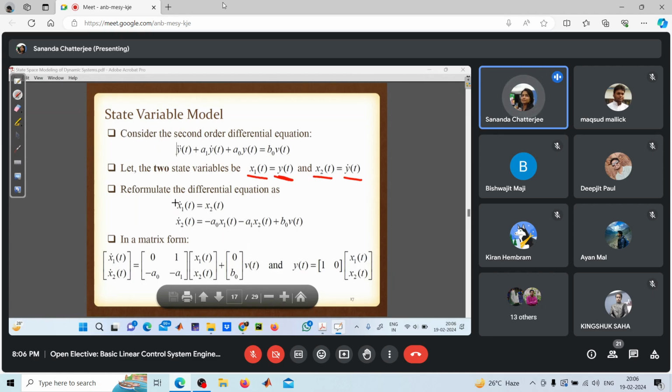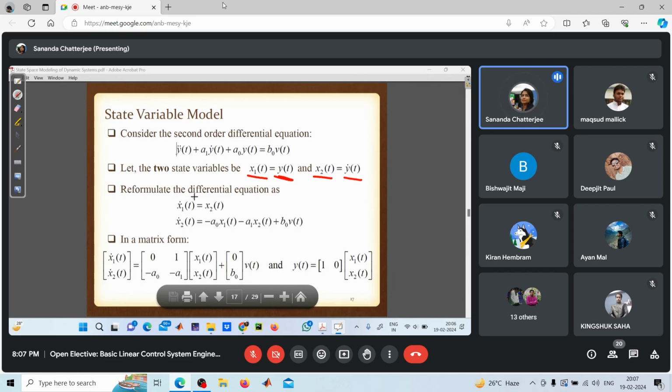What we are trying to do is represent the system with the help of the states x1 and x2. X1 is directly the output and x2 is the derivative of the output.